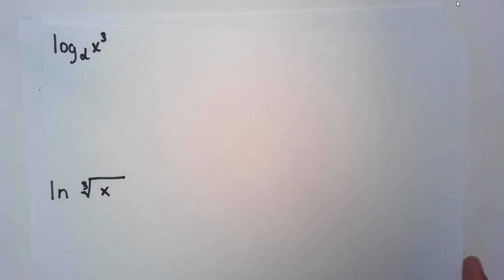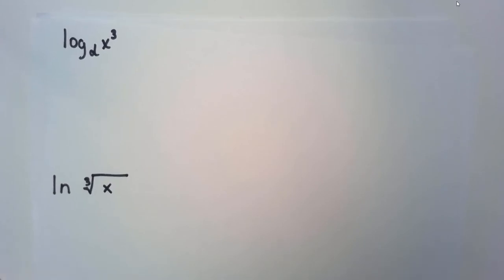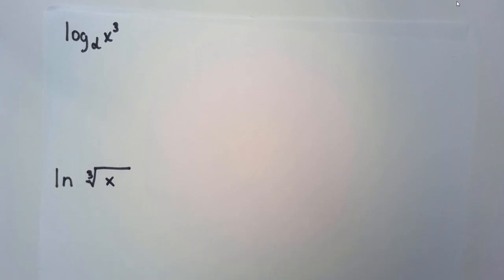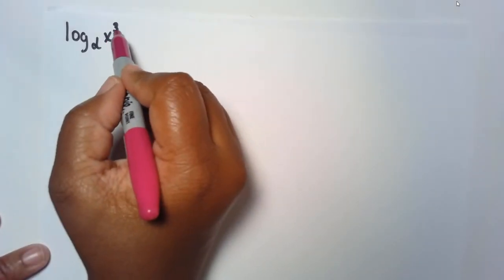So here we have log base d as in dog of x cubed. And then we have ln of the cube root of x. Okay, so here we have a base raised to a power.